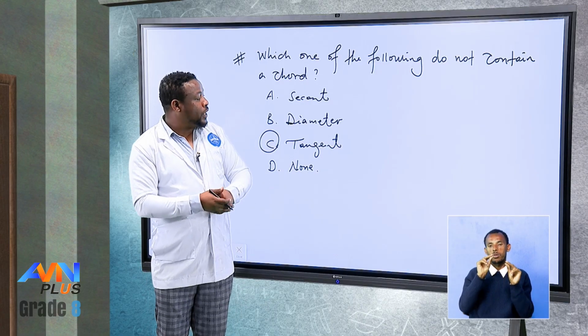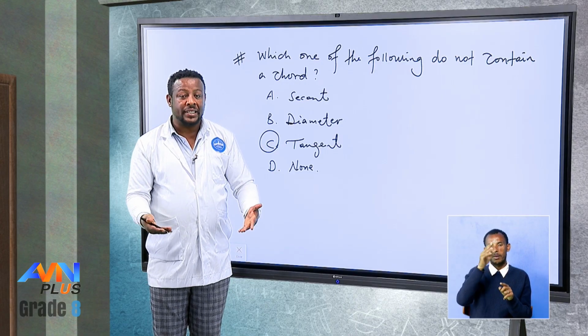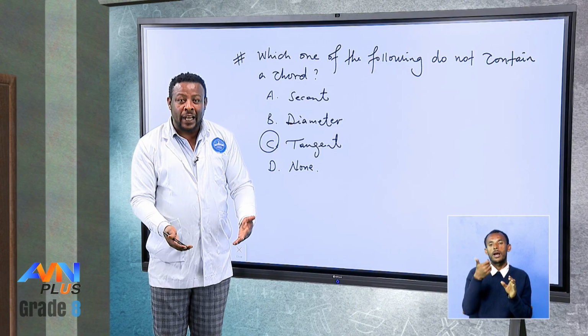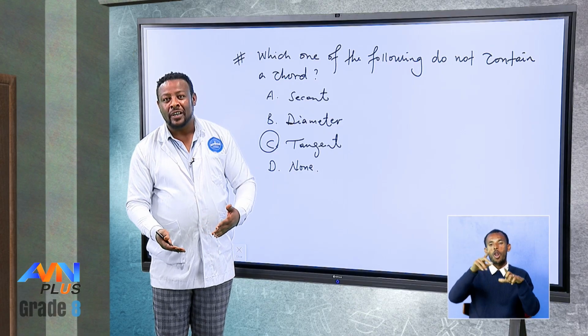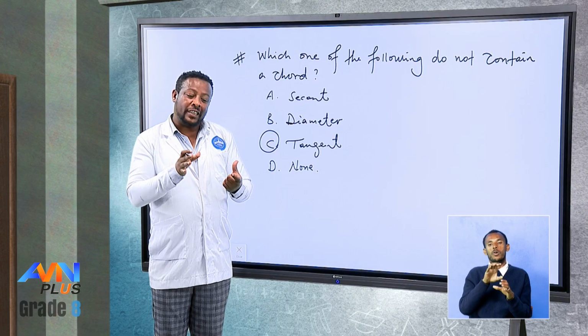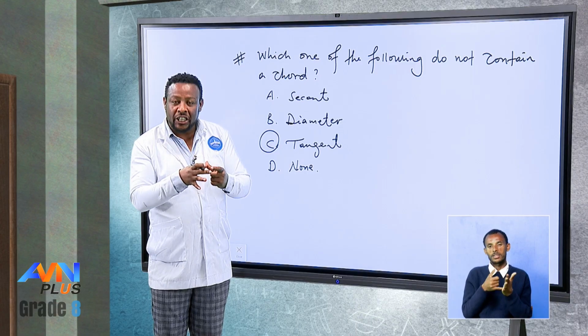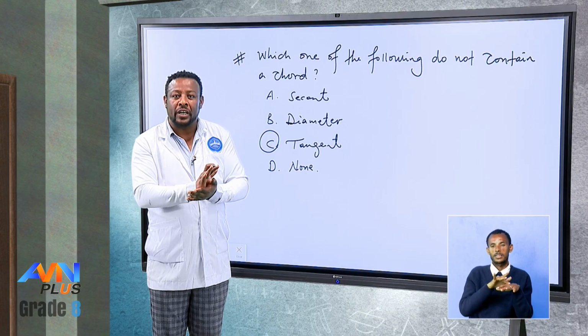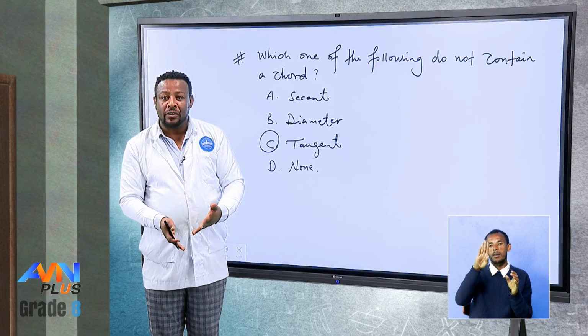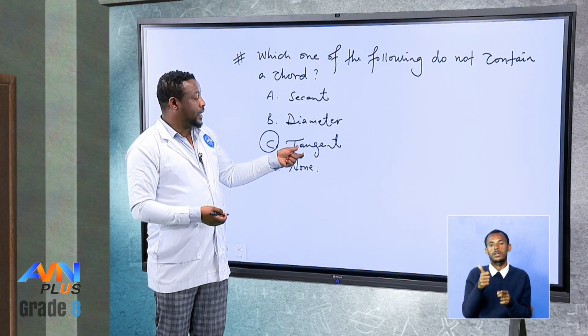When you come to the B part, in B it says diameter. As you all know, diameter is the longest chord passing through the center, so it has a possibility of containing the chord. So A and B cannot be the answer. Why did we say C?